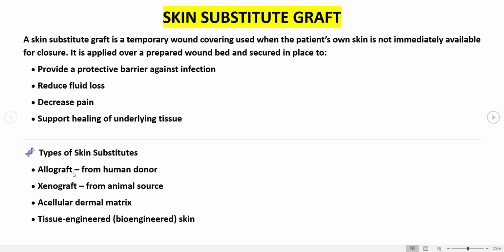Allograft, this is from the human donor. Xenografts, this is from an animal source. Then we have acellular dermal matrix. Next we have tissue engineered or bioengineered skin. So these are the allografts you can find in the OP report whenever the physician is opting for the skin substitute grafts.